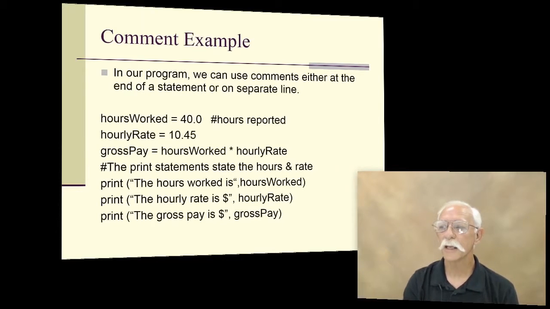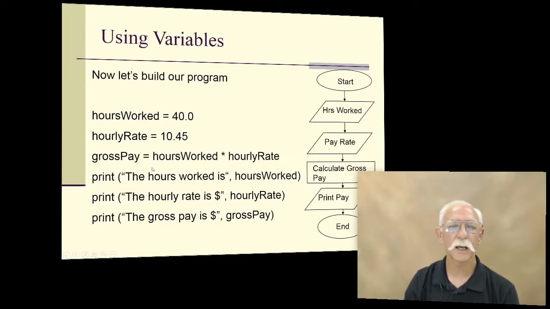Now we'll take a look at that, and you can see how it fits into the program here. You can see how this one is a comment that's at the end of the line of statements, and this is called an end of statement comment, or it can stand by itself on its own line, like here, where I've got the print statements just standing by itself. Okay, let's build the program.